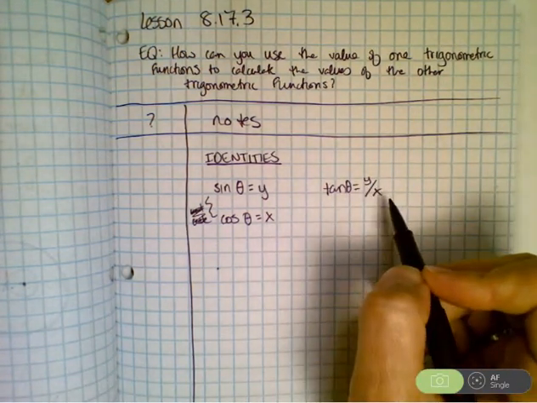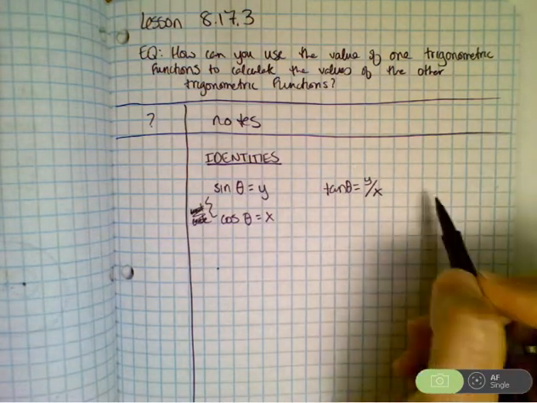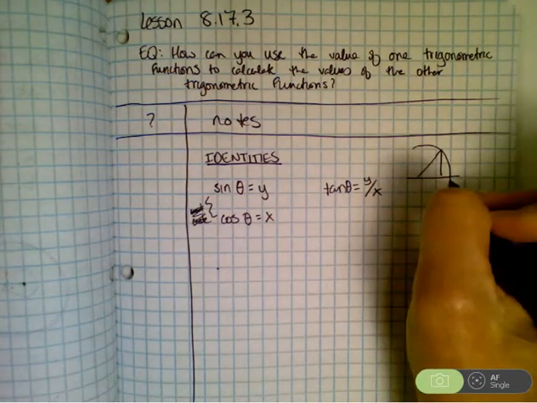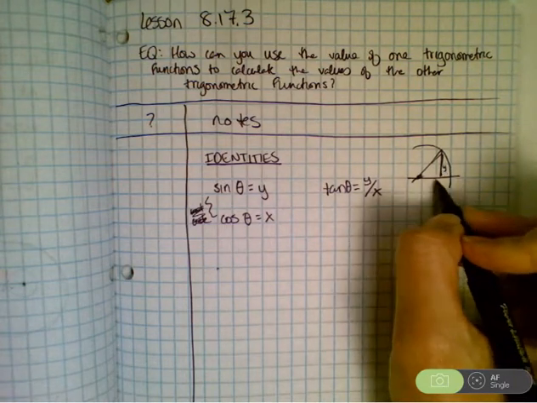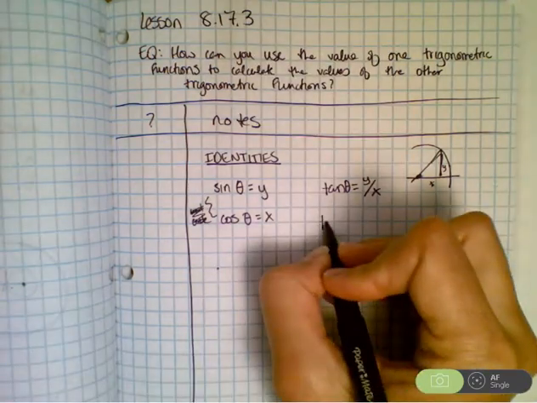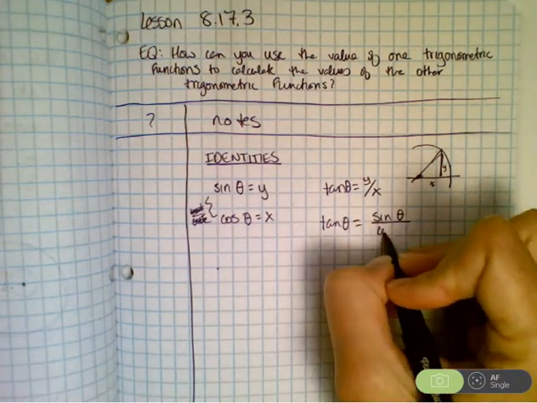Think back to the picture of the triangle if you need to for that. Tangent is opposite over adjacent, and if we're on the unit circle, it looks something like this. There's the circle, there's our angle, here's our y, here's our x, so tangent is y over x. But y over x is the same as sine over cosine.